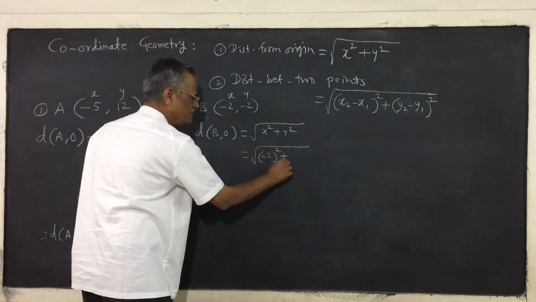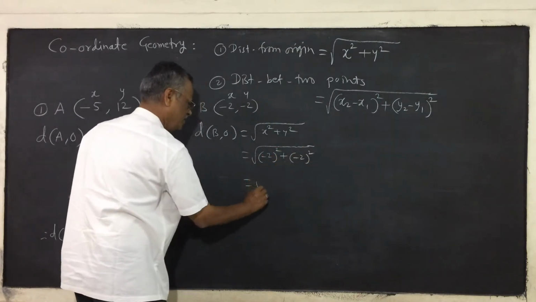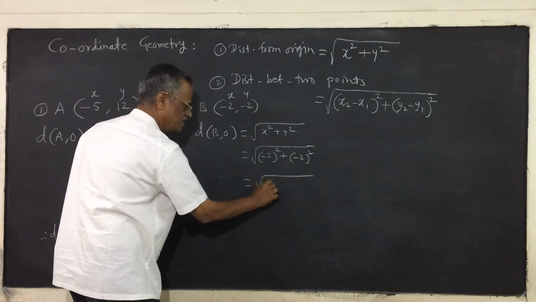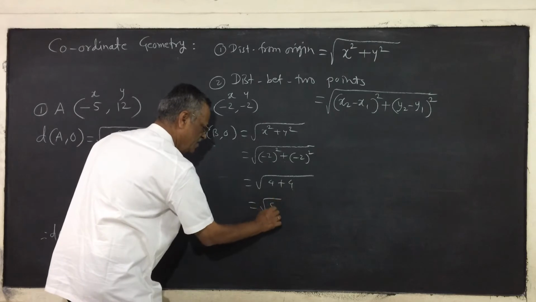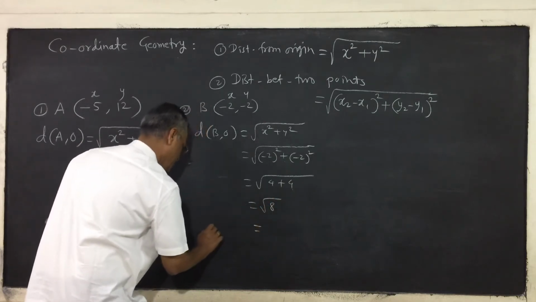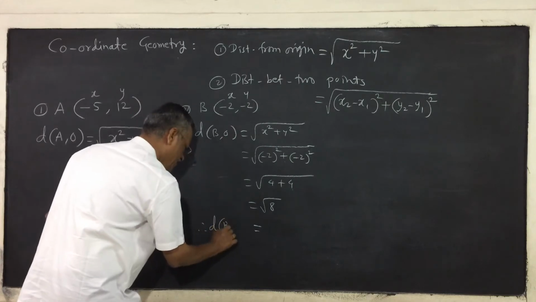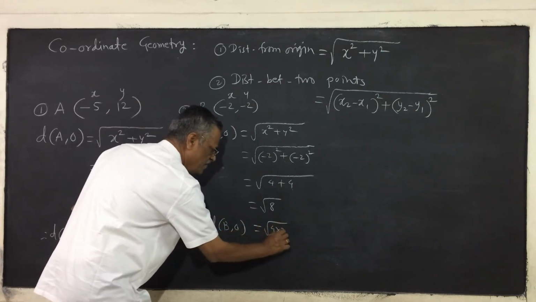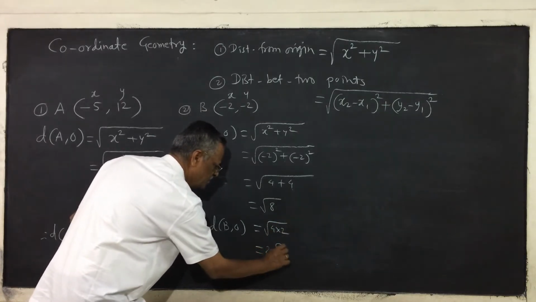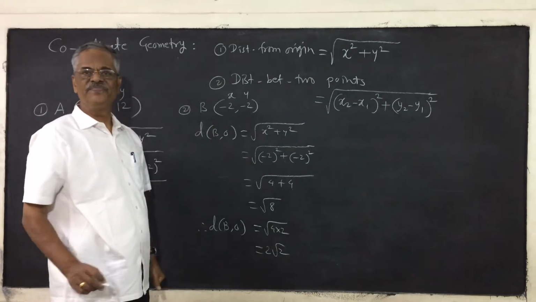Minus 2 bracket square and minus 2 bracket square. So we can see that what is the square? 4 plus 4. It is under root 8. So distance of B from origin, it will be under root 4 into 2, that is 2 root 2. That is the distance of B from origin.